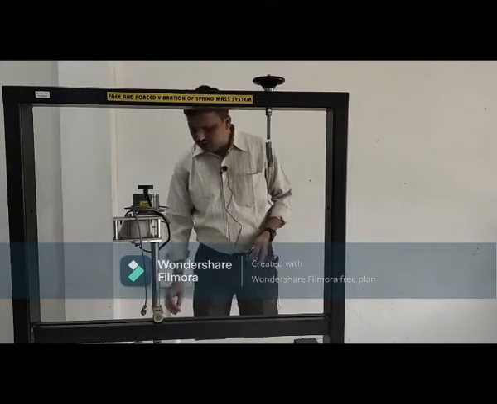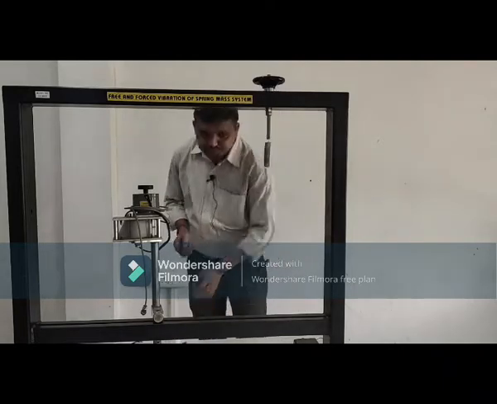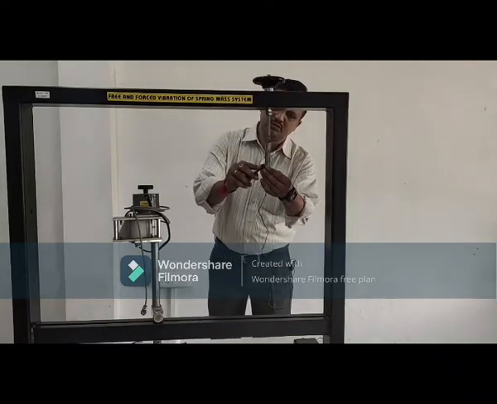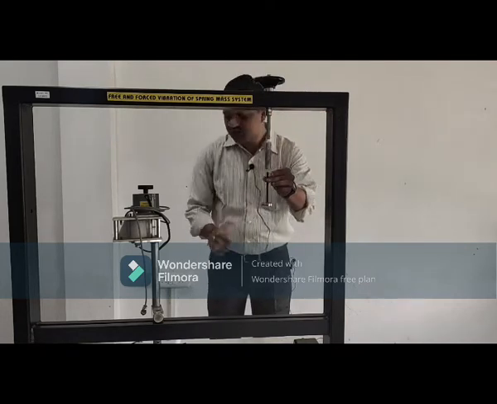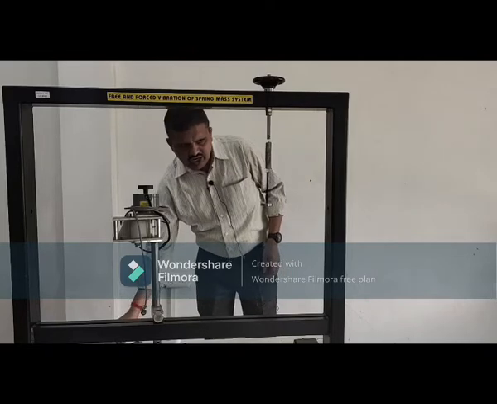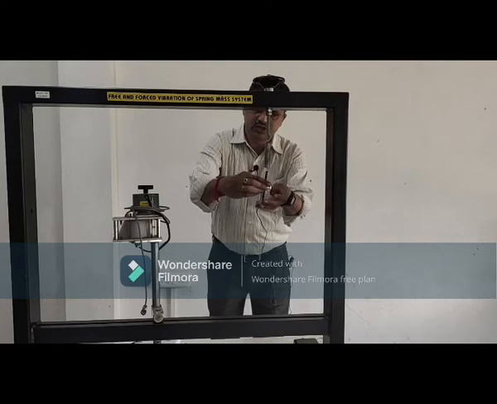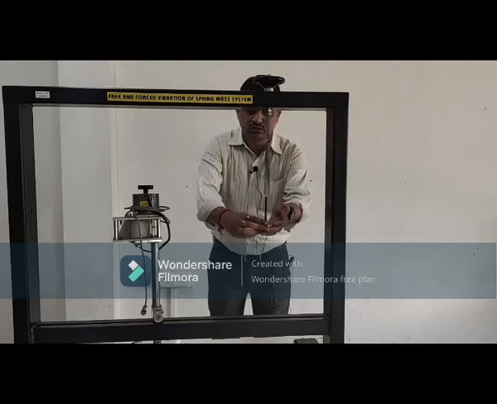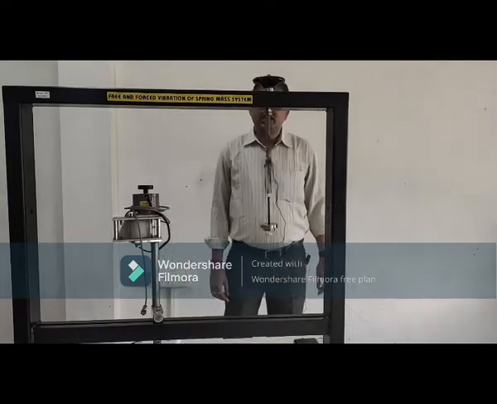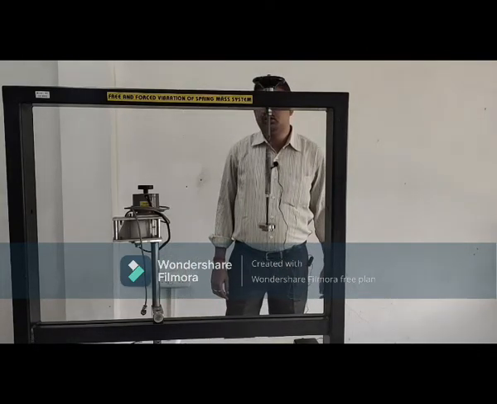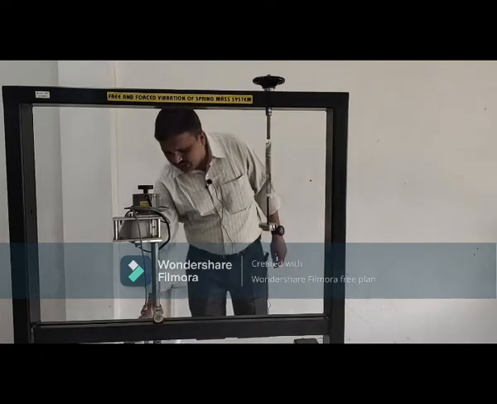Now we attach some mass to this spring. This is the hanger that is attached, and to this hanger we add some mass, another mass. We have to take the mass of the hanger as well as the added weight into consideration.